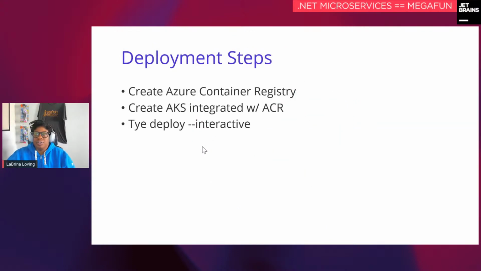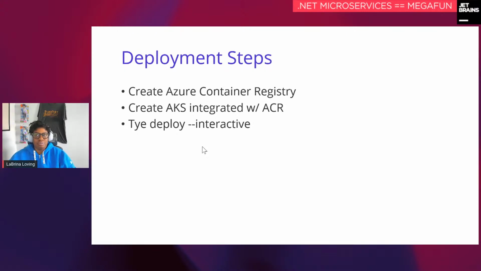Okay, so let's talk a little bit about deployment of my microservices. There are just a couple of steps if I wanted to deploy my .NET Core microservices into Azure.